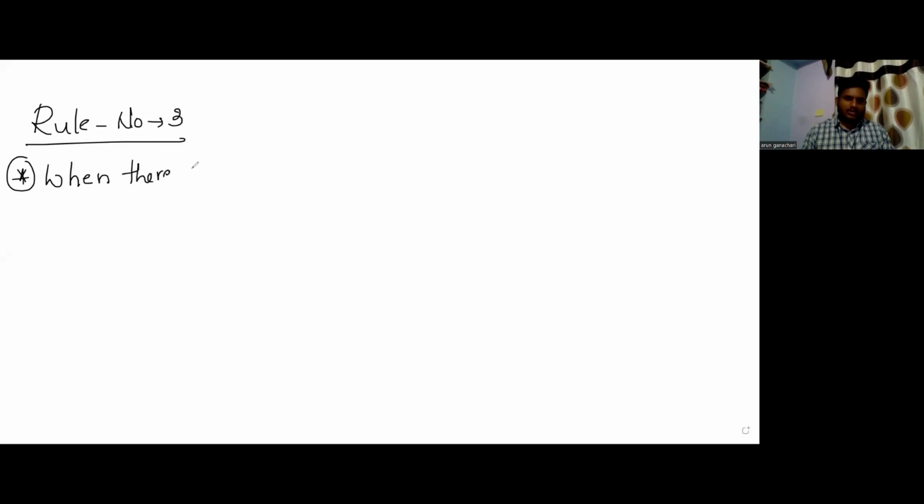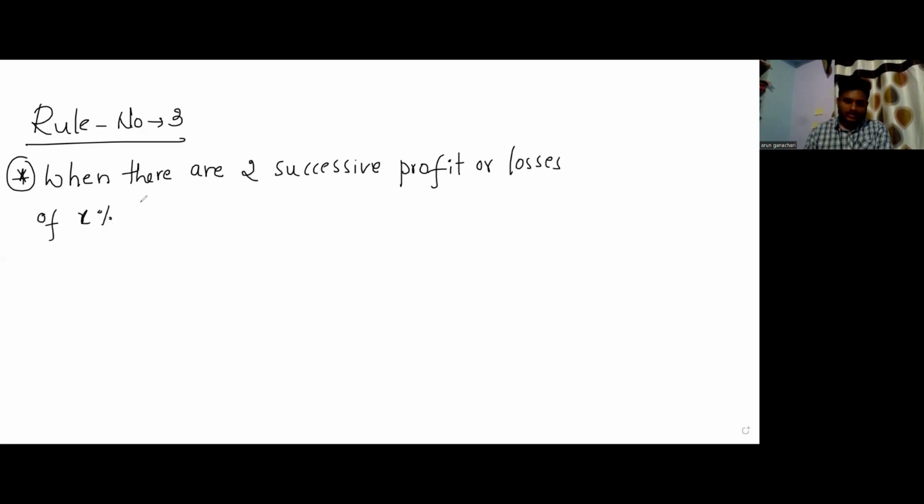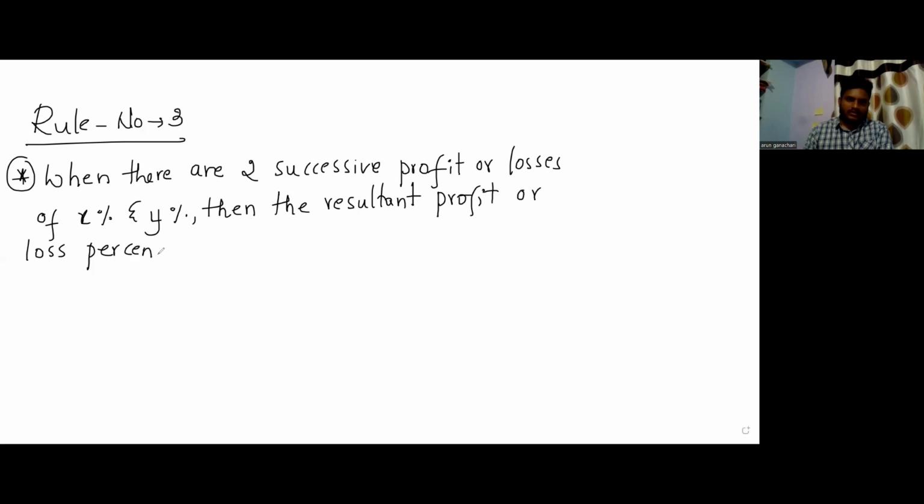When there are two successive profits or losses of X percentage and Y percentage, then the resultant profit or loss percent is given by plus or minus X plus or minus Y plus or minus XY divided by 100.